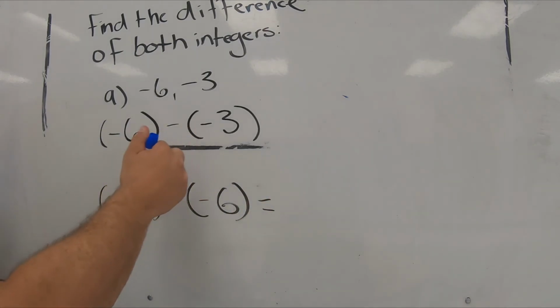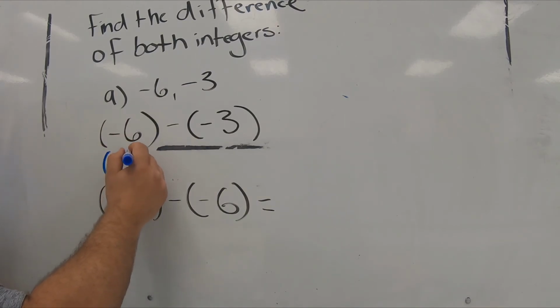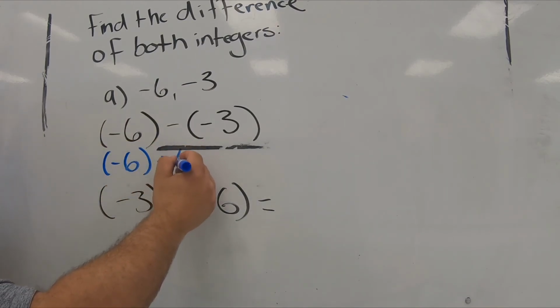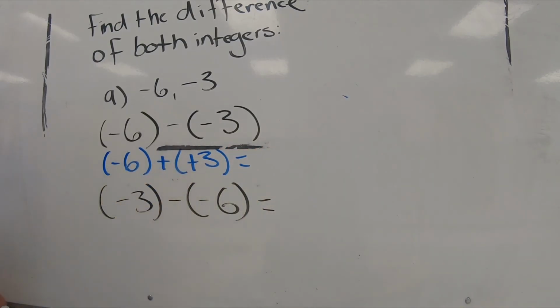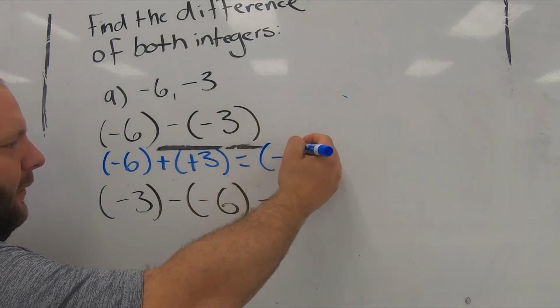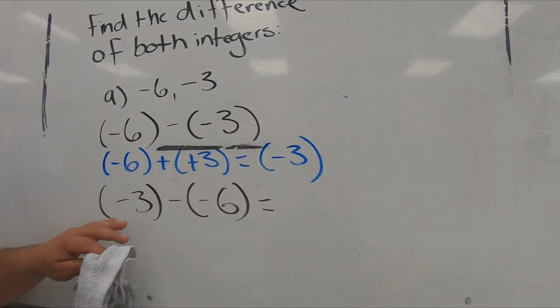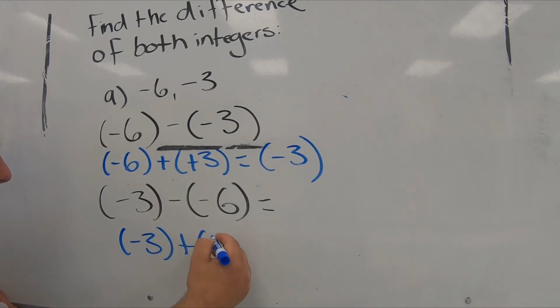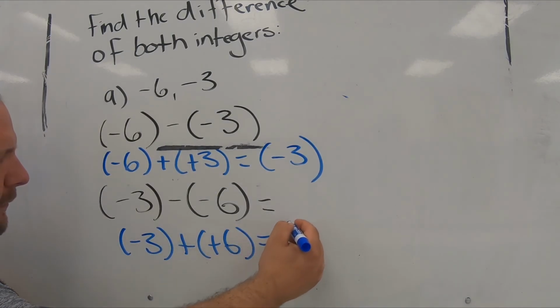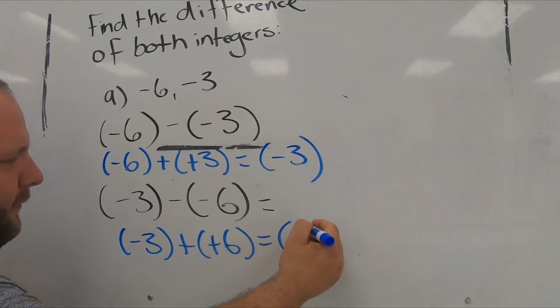Whenever I'm taking away a negative, it's the same as adding a positive. And -6 plus +3 gives us -3. And down here, same rule, so we have -3 plus +6 equals +3.